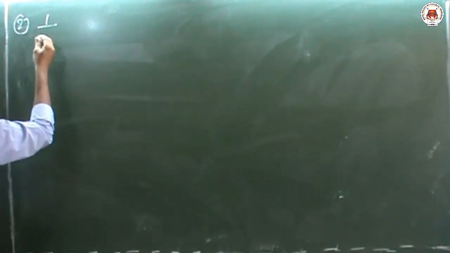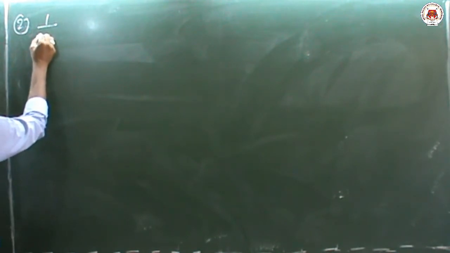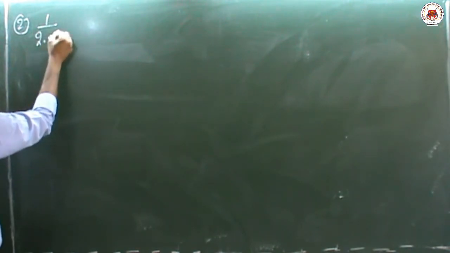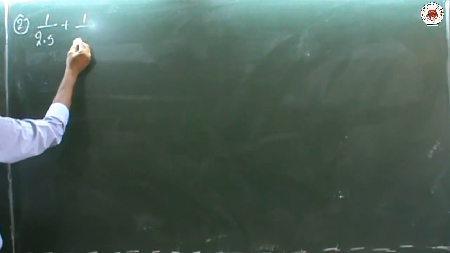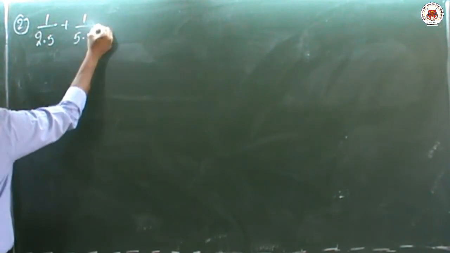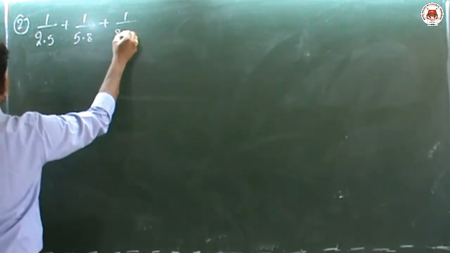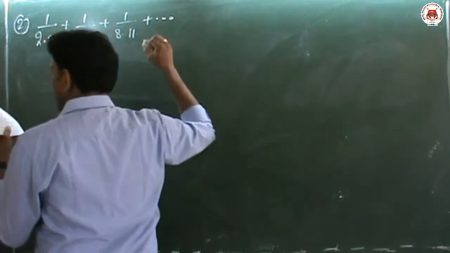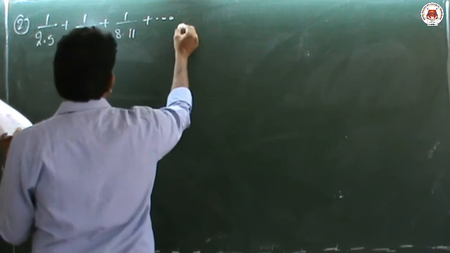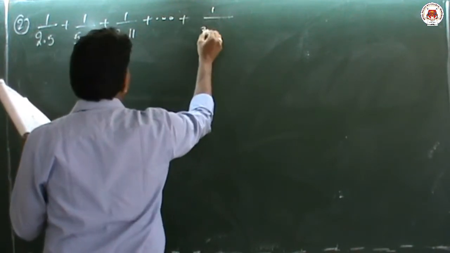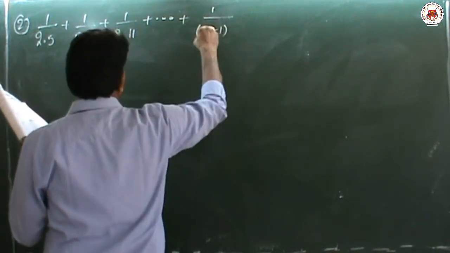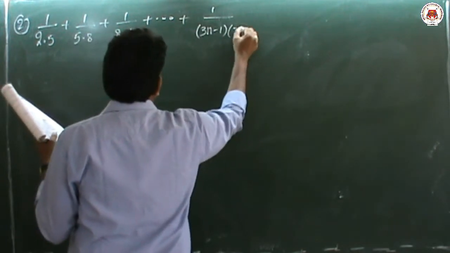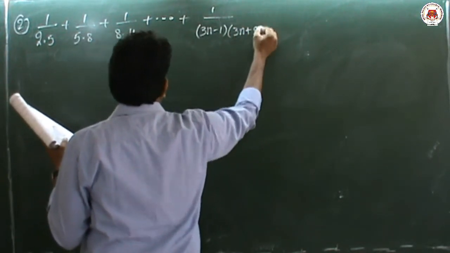Another problem: 1 by 2 into 5 plus 1 by 5 into 8 plus 1 by 8 into 11 plus up to so on plus 1 by 3n minus 1 into 3n plus 2 is equal.